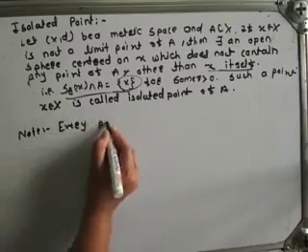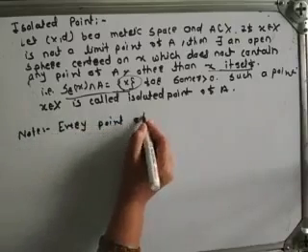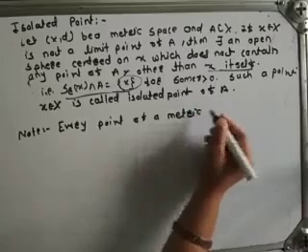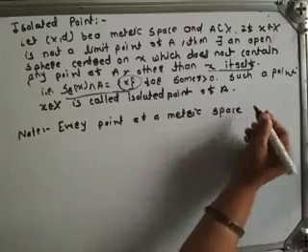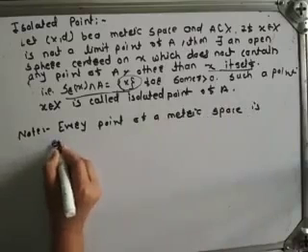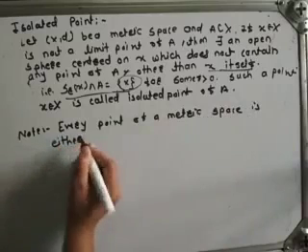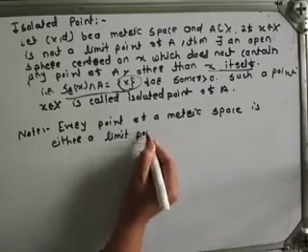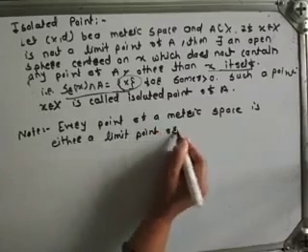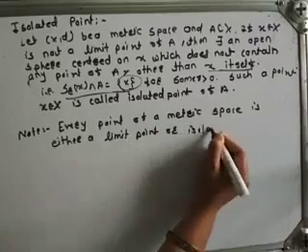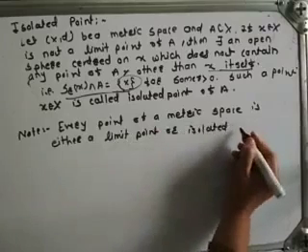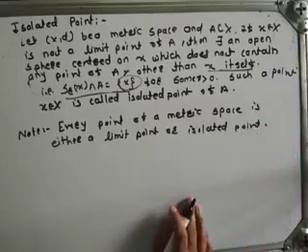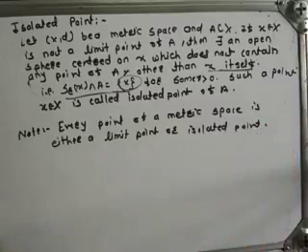Every point of a metric space is either a limit point or an isolated point.